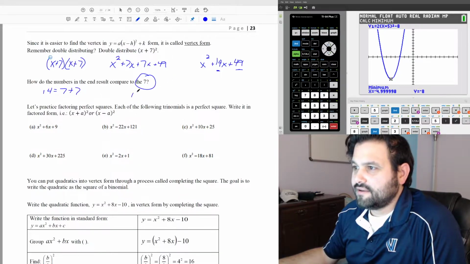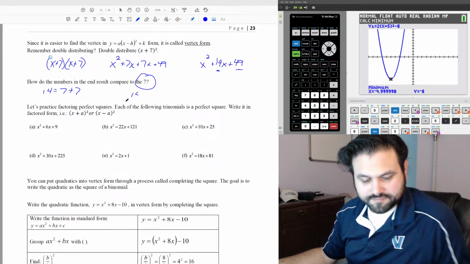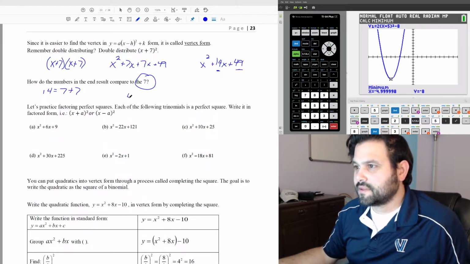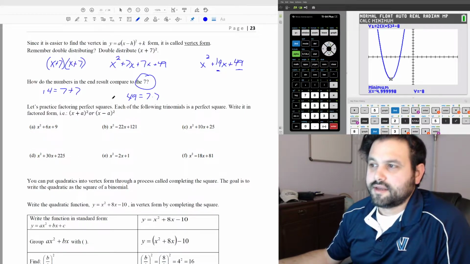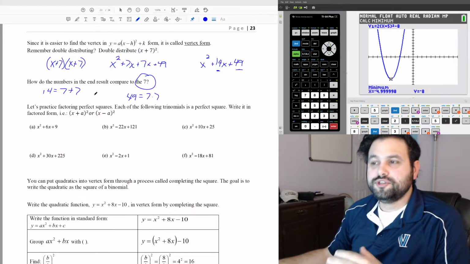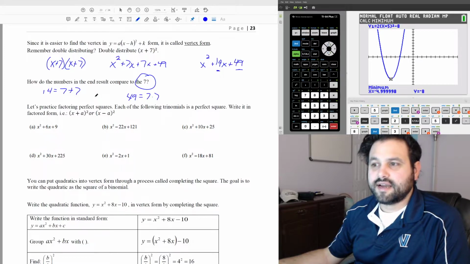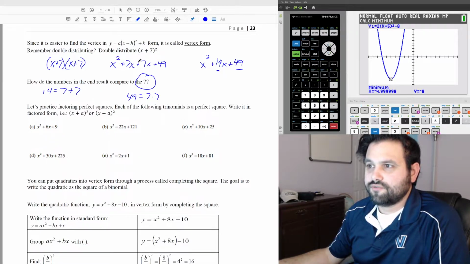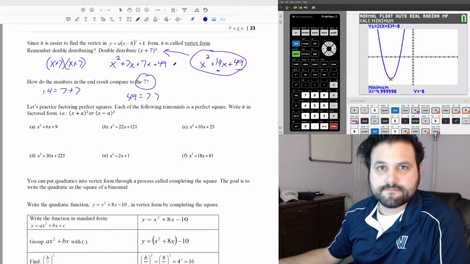And 49 is 7 times 7. So that's how they relate. What you could do is use this idea to get a shortcut to rewrite something that looks like this into something that looks like that.